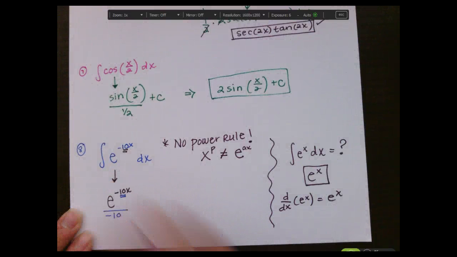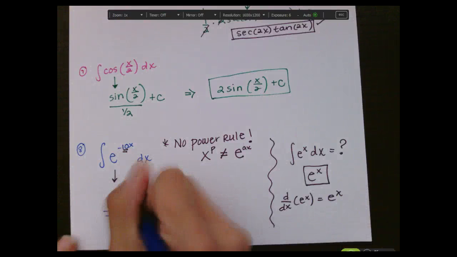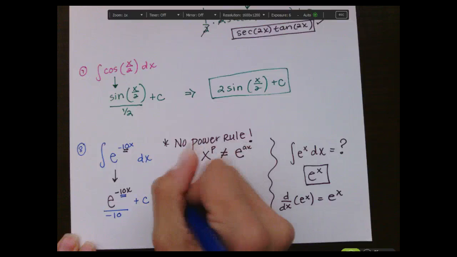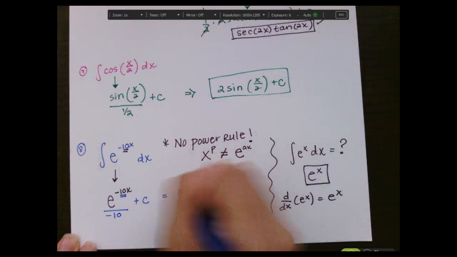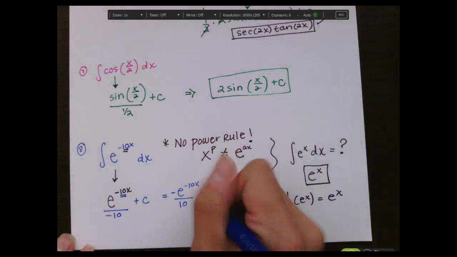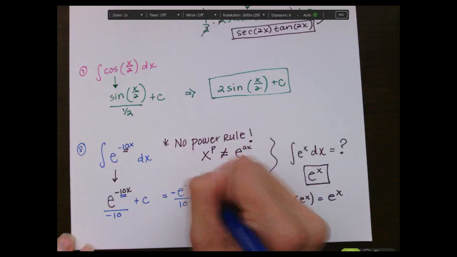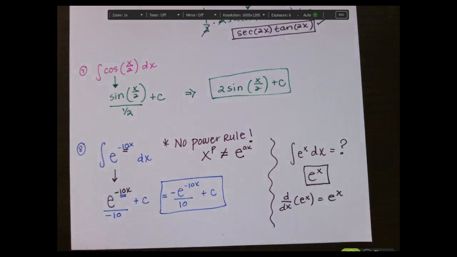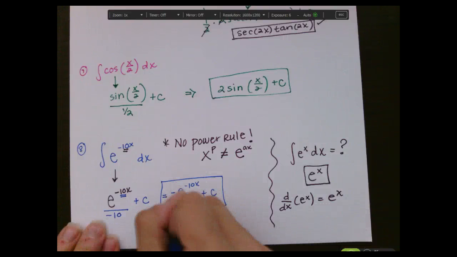So to undo it, you'll divide by negative 10. So hopefully that is what you would have guessed, but we get e to the negative 10x over negative 10, and it just seems more proper to write that negative sign on the top, and then the 1/10, or the divide by 10, plus c. And that's what we should get for an answer there. Again, negative 1/10 is the same.